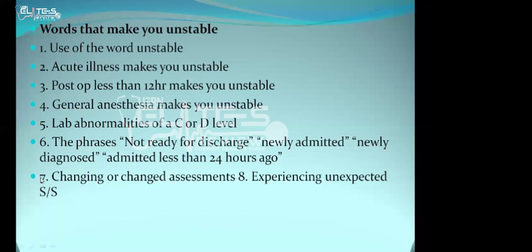I think on the first one, under the stable bit, you have abnormalities of level A or level B. And this one we have lab abnormalities of level C or D. Can you throw more light on it for me?